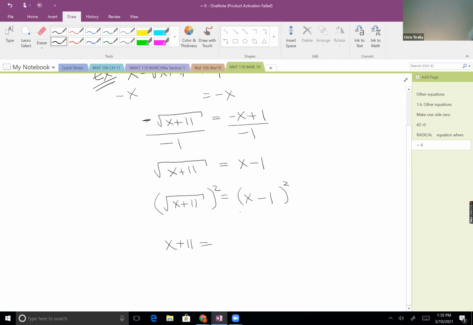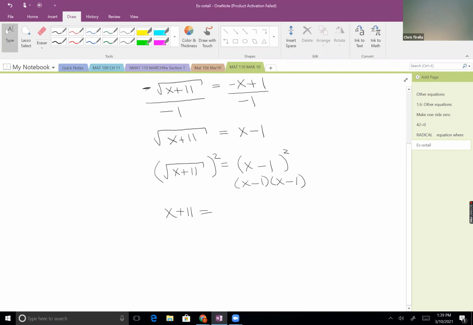On the right, when I square a binomial, I can think of multiplying it by itself, or having completed the square, it might be easy for you to remember: it's the first term squared minus twice the product plus the last term squared. But again, if you don't want to remember that pattern, feel free to multiply that binomial by itself.